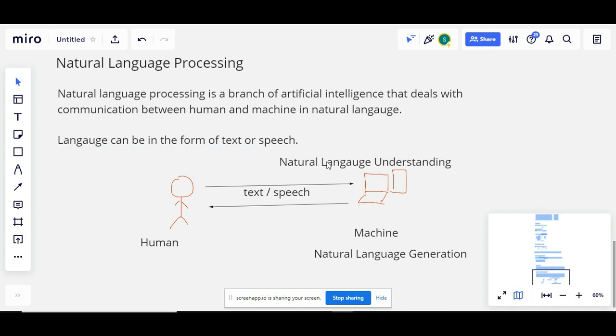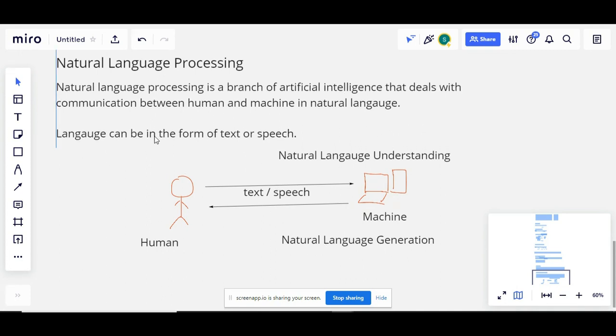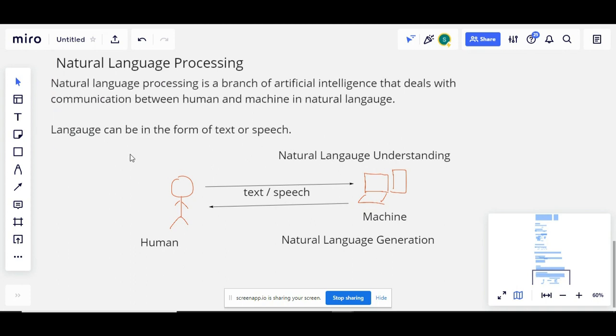So, if the machine understands what the human has said or written, that is natural language understanding. And if the machine replies back in text or in the form of speech, that is known as natural language generation. So this single diagram depicts natural language processing.